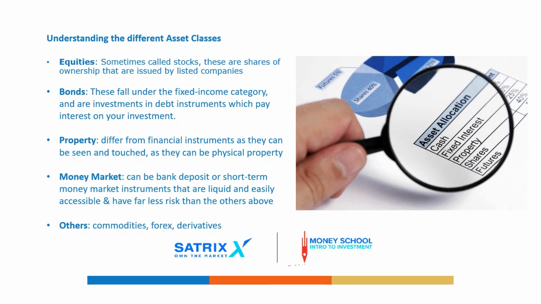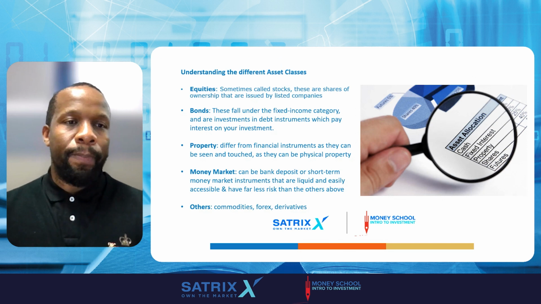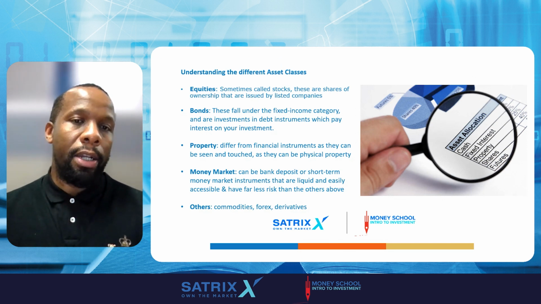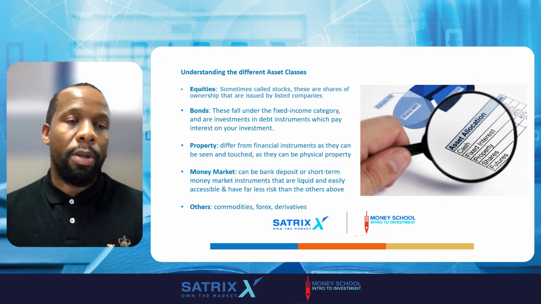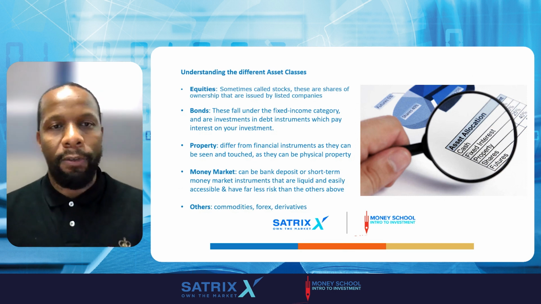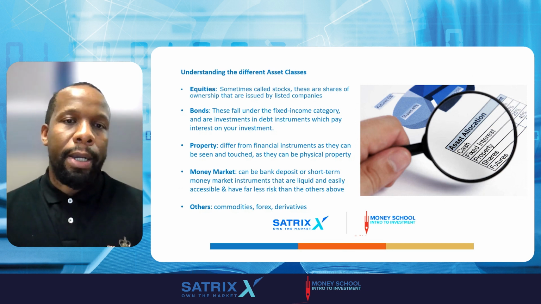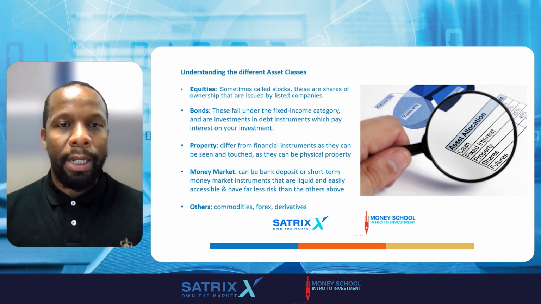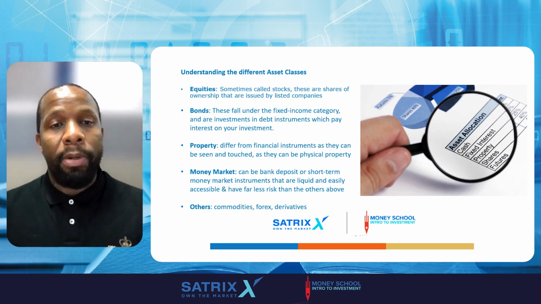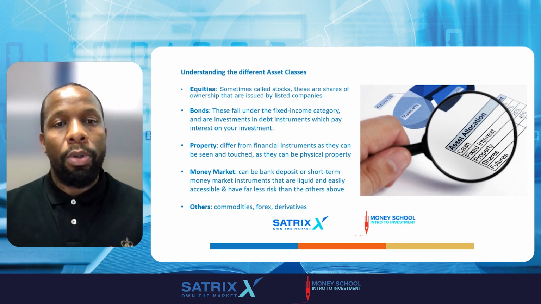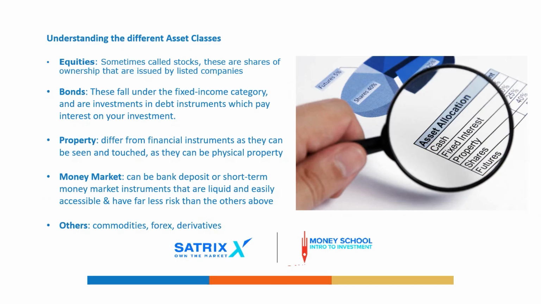So they pay out interest to you. These tend to have a lower risk compared to equities or the stock market. They generate interest above your income, and at times they can also preserve your money.